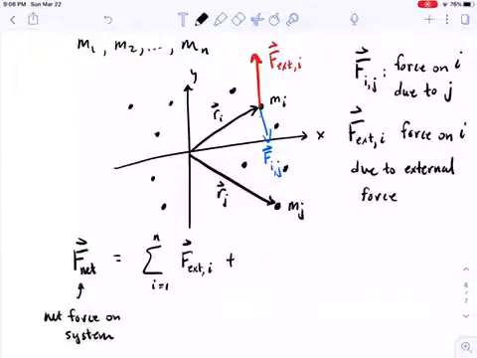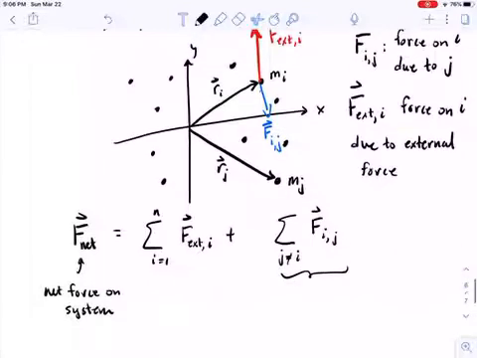And then for particle i, I'm going to sum over all particles except itself, and I'm going to add up all of these internal forces, all of the forces on i due to particles within our system.